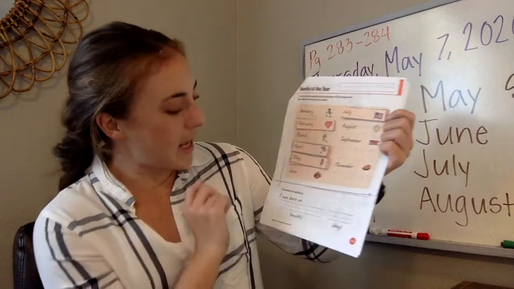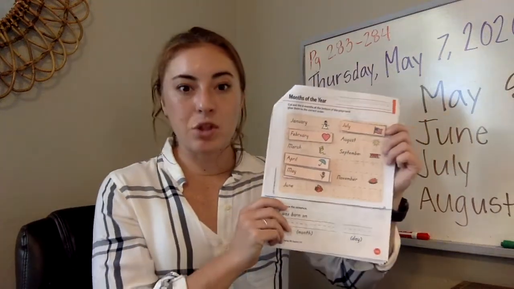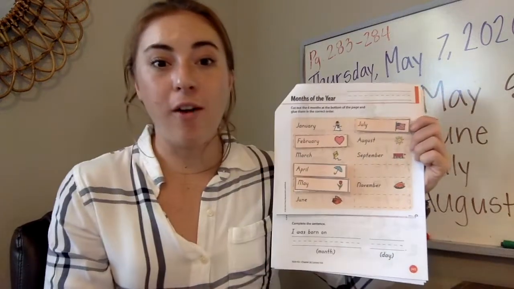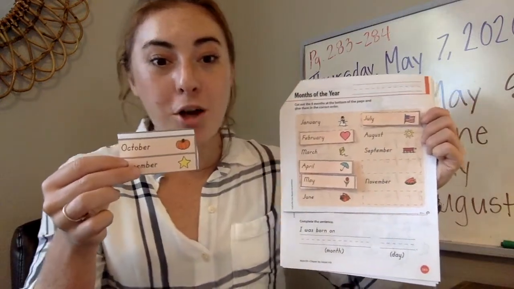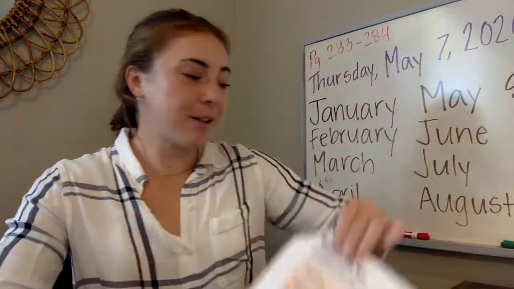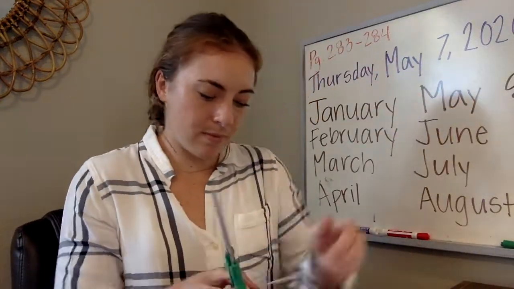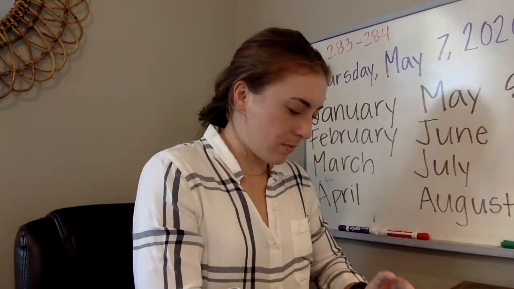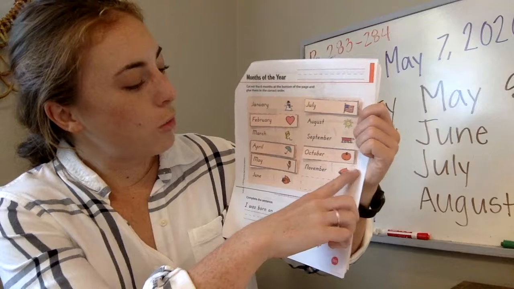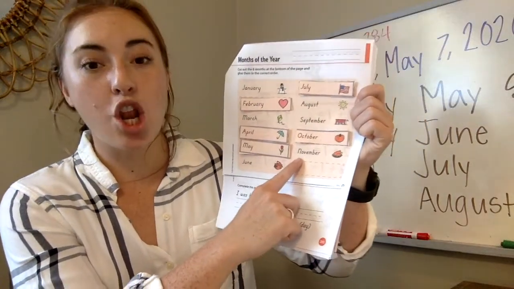And after September, we have a month that starts with an O. And it's the fall. October, it has a pumpkin. Sometimes you carve pumpkins in the month of October. So you have October, November.